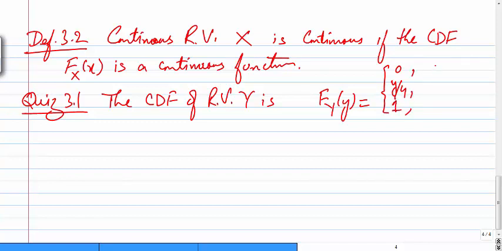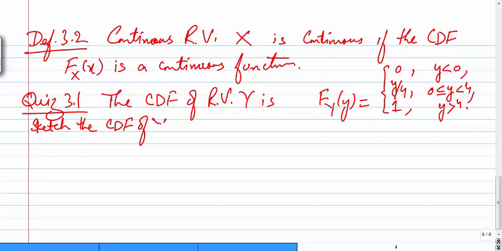It is 0 when y is less than 0, between 0 and 4 it is y by 4, and for y greater than 4 it is 1. So this is the CDF given to us, and it says sketch the CDF of Y and calculate the following.